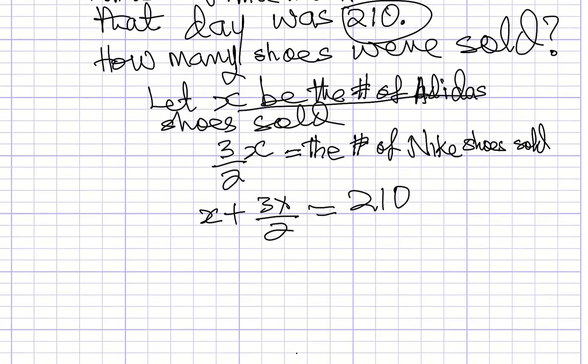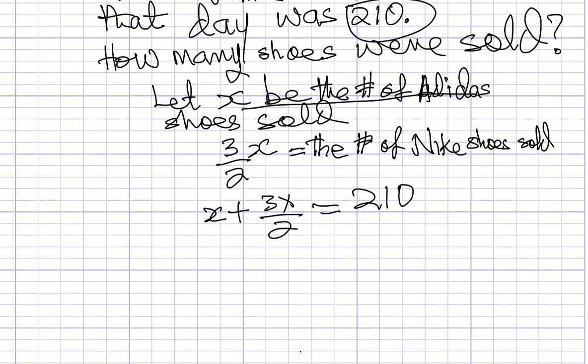This is a linear equation in one variable. The only variable is x. We'll try to combine those two terms. We'll rewrite this as this. We didn't change anything, just playing tricks with the number. It equals 210.